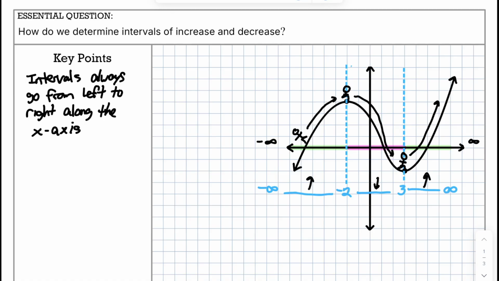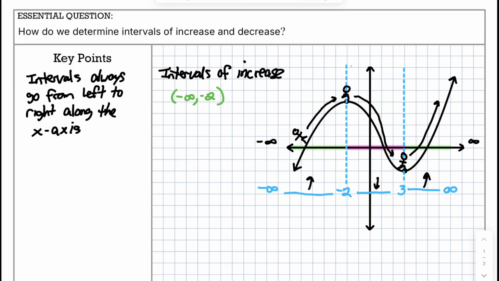So if we're looking at intervals of increase, that's the green sections. So that would be from negative infinity to negative 2. He's going uphill. But remember, we're looking along the x-axis. So once he gets to negative 2, he's at the top of the hill. Now he's going downhill.